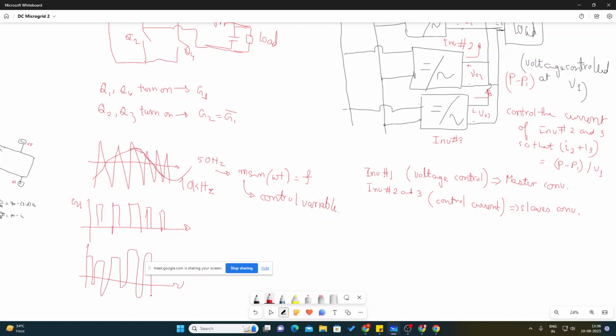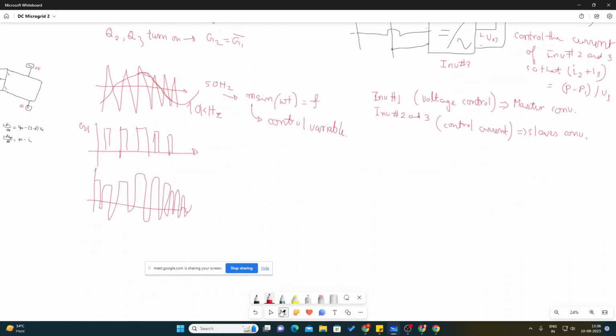It will be thicker, then again thinner, and then after passing through the filter we will obtain the sine waveform, because the higher frequencies will be removed. So what I need you to focus on is that this sine wave is considered to be the reference, and this reference has a variable known as m, which is our control variable.